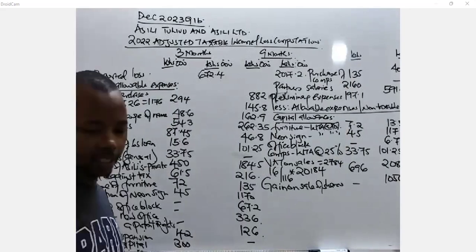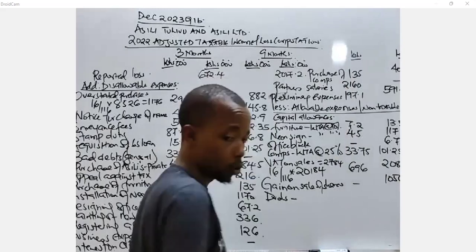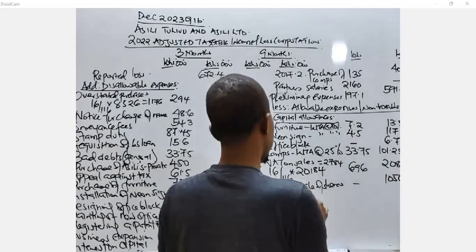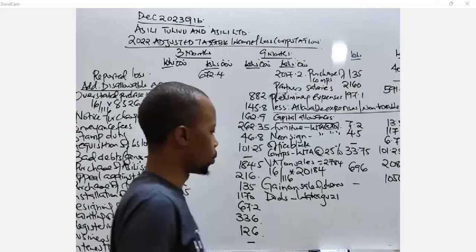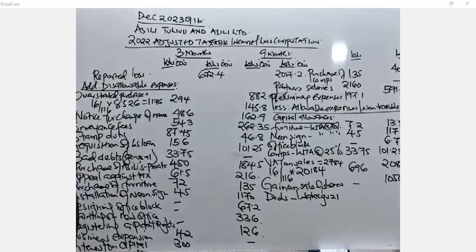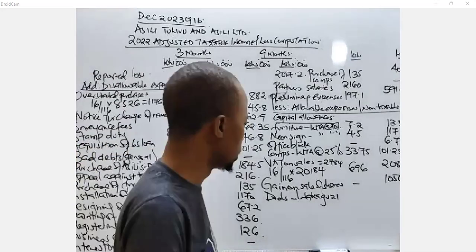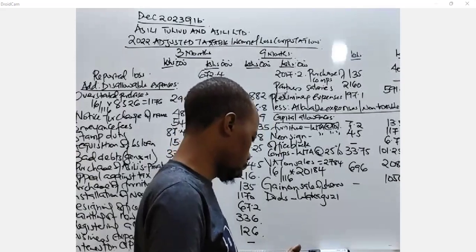Then we have the dividends. We have the dividends from Wakaguzi, right? So how much is this from Wakaguzi? The Wakaguzi's dividends, which are gross, we have been told it is 153. So I say 153 times 3 divided by 12.